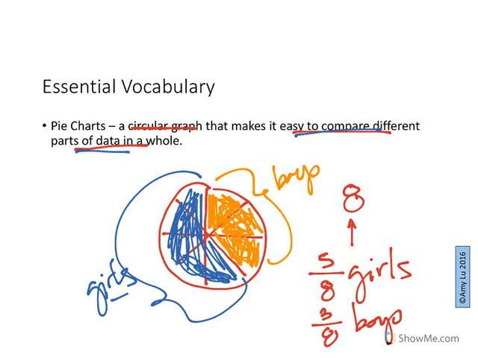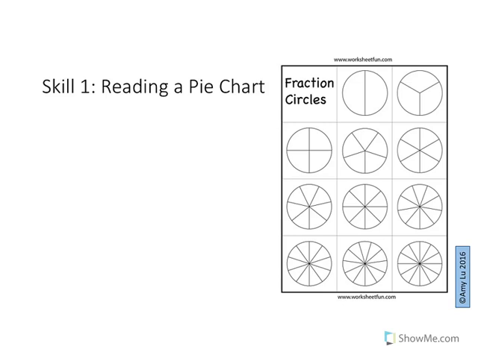So the first thing you need to understand is how a pie chart is broken apart. So this comes into our fractions. Here on the right side, you'll see 1, 2, 3, 4, 5, 6, 7, 8, 9, 10, 11 circles. And each of them are broken up into different pieces. So in the first one, you'll see that it's broken into 2 pieces.